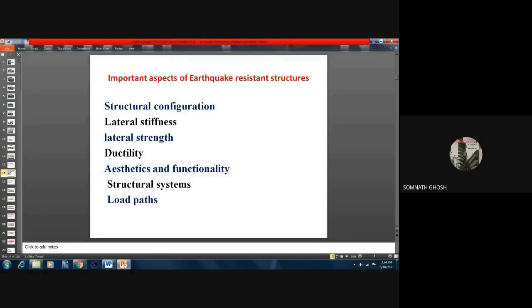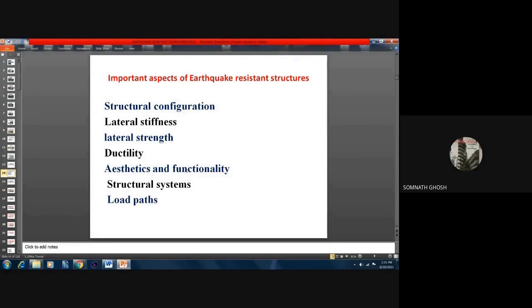Strength is again related to the material. Then ductility, very, very important. The structure will not collapse immediately. Even if it undergoes huge deformation, huge cracking, still by seismic retrofitting, you can reuse this structure again.